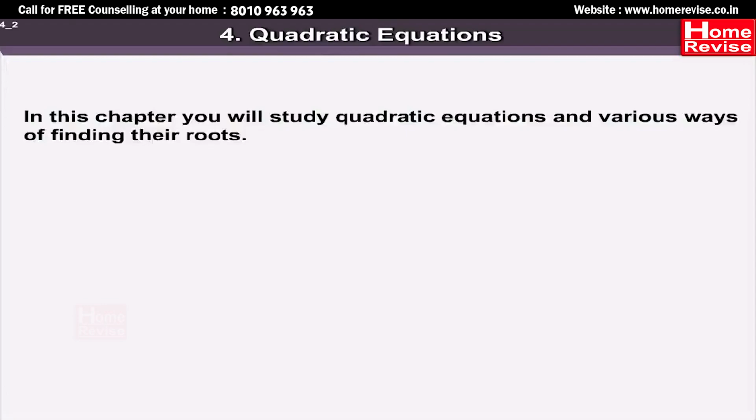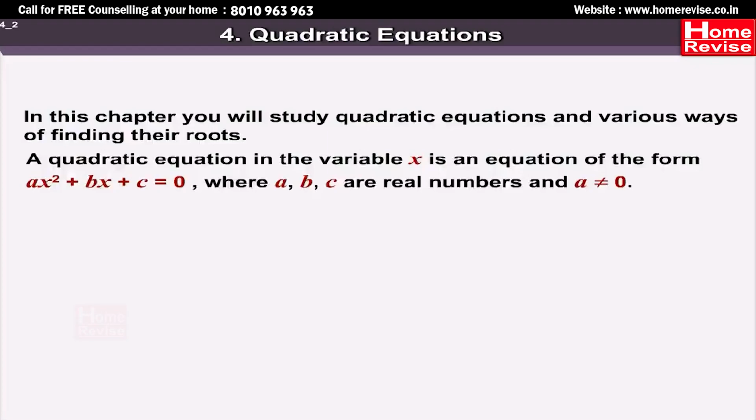In this chapter, you will study quadratic equations and various ways of finding their roots. A quadratic equation in the variable x is an equation of the form ax squared plus bx plus c is equal to 0, where a, b, c are real numbers and a is not equal to 0.